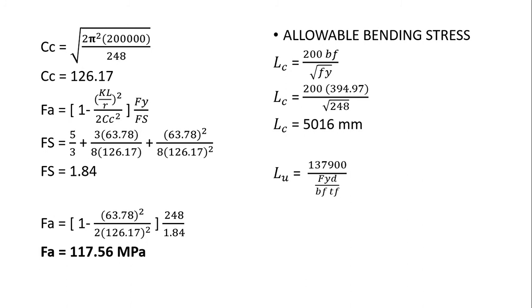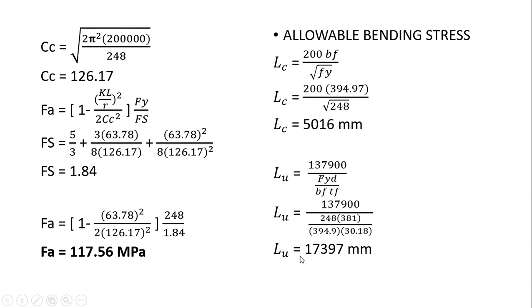millimeter. Then, LU equals 137,900 over Fy times D over BF times DF. So, LU is equals to 137,900 over 248 times 381 over 394.9 times 30.18.